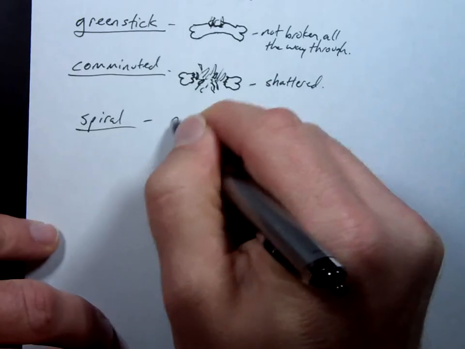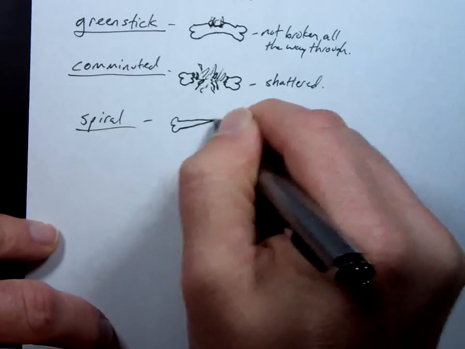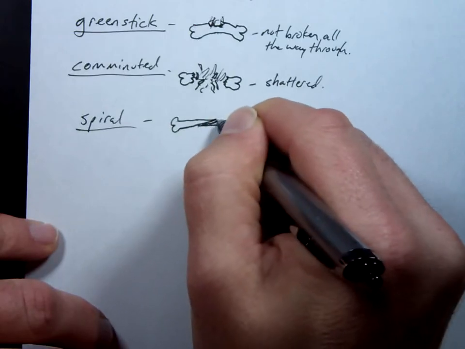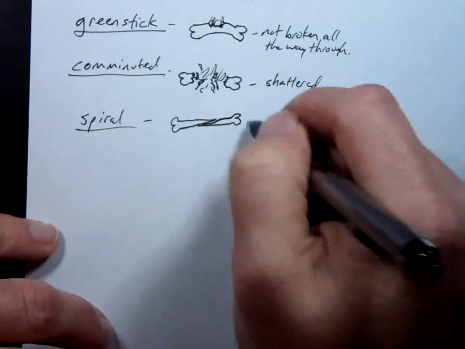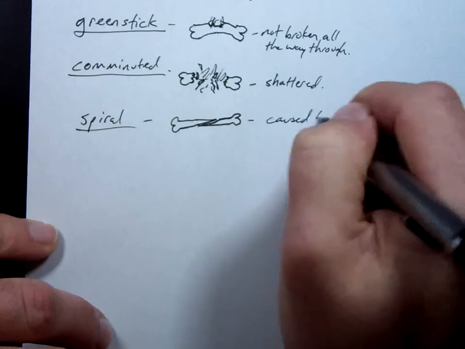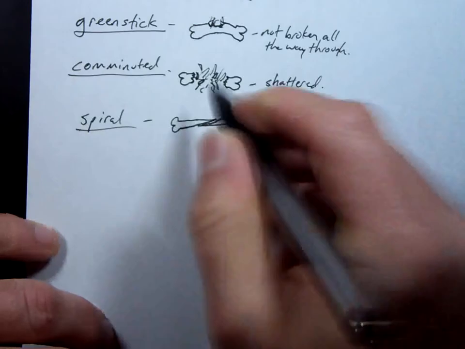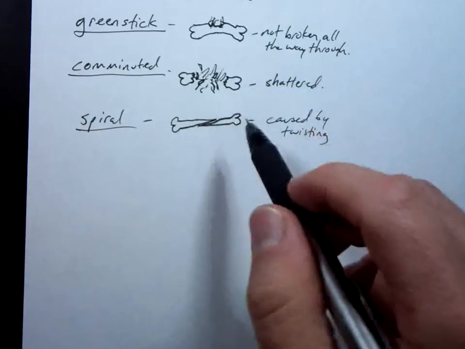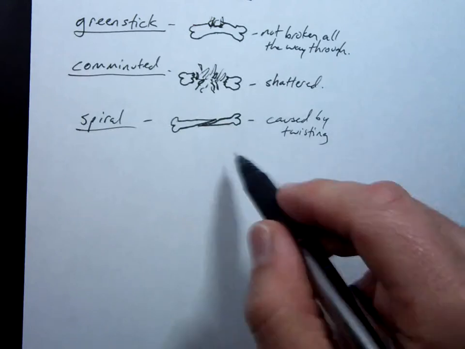Next one is called a spiral fracture. Most of the time, a spiral fracture will work its way out at an angle like this. Spiral fractures are always caused by twisting. Would this one be simple or compound? Again, most of these can be any of those types. You can have a shattered one that is still within the skin, or one that protrudes from the skin.